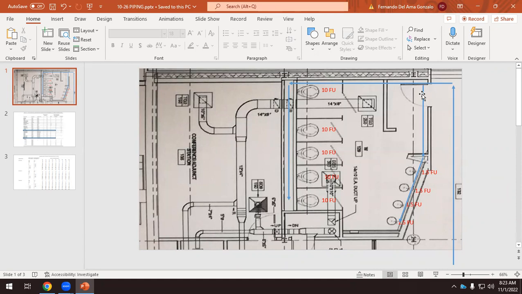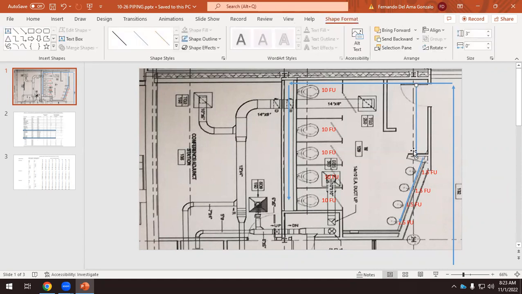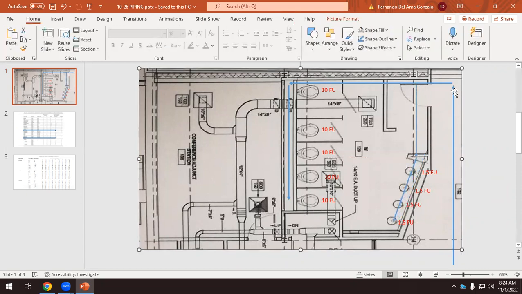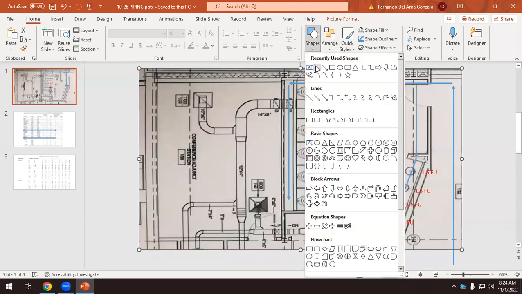But sometimes if we have a door, here we might need a valve. So every time we enter a restroom or a room in which we have a toilet or sinks or whatever, we will have a shut-off valve entering the room. Okay, so the shut-off valve in this case, I think it will be here.